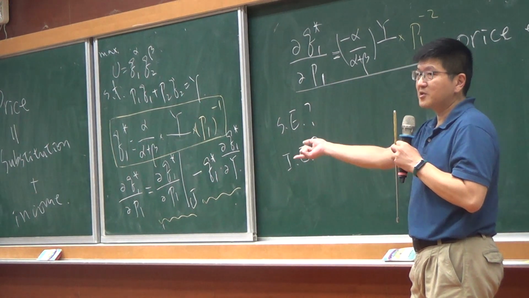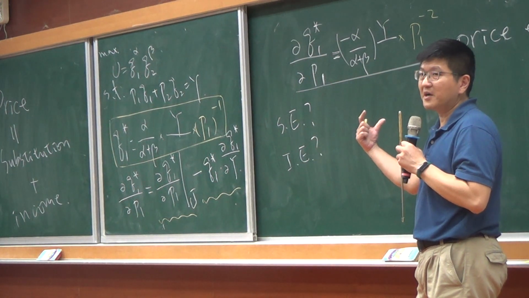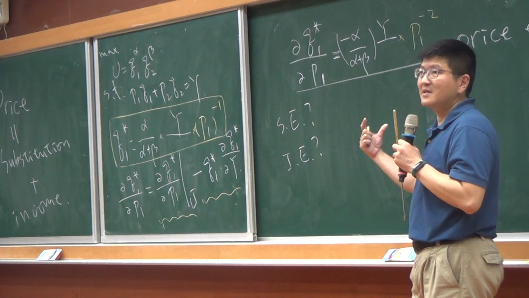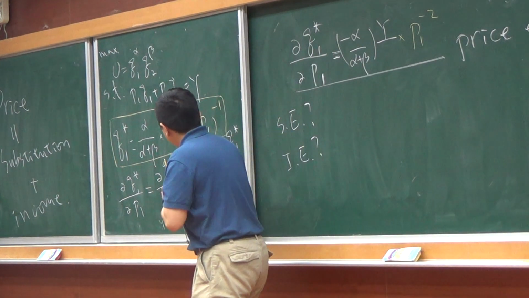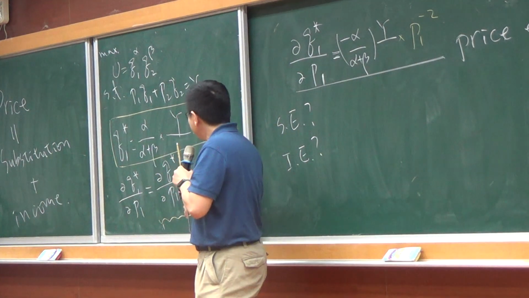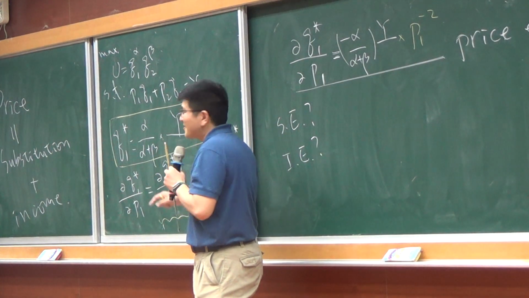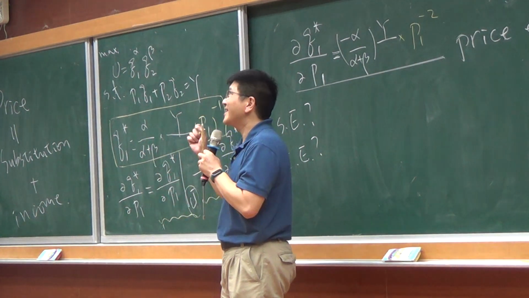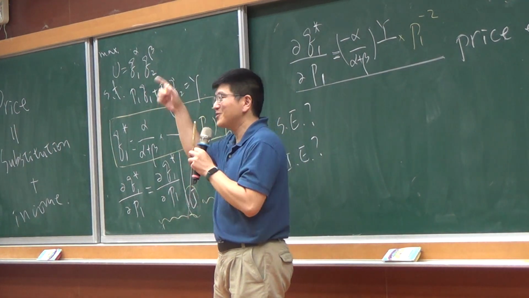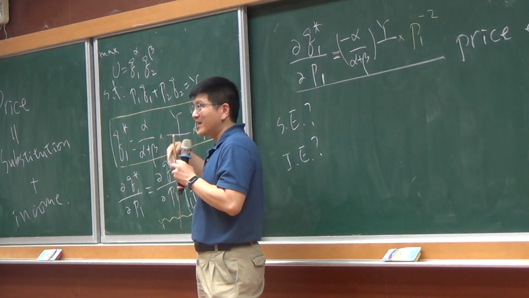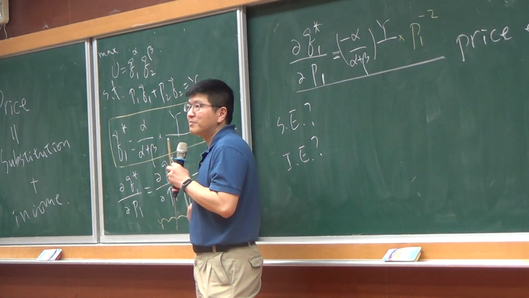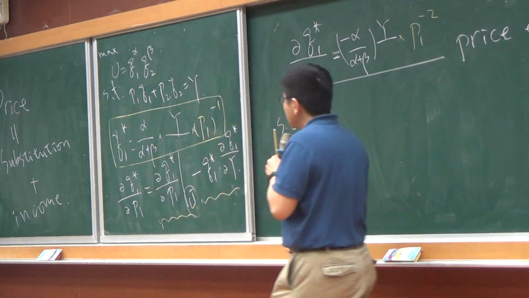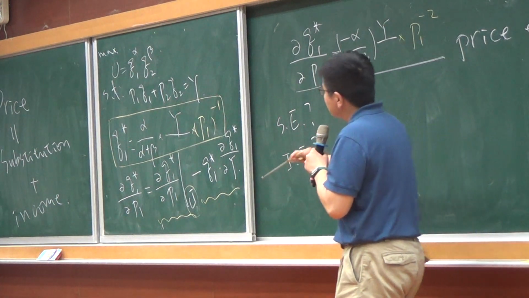The first one, the substitution effect, or the second, the income effect? The second, right? Because for the first you need to derive the utility level and then use the expenditure function to keep your utility at U bar, right? So not easy to do that, but the second part is easier.